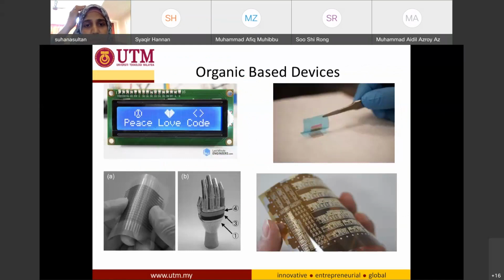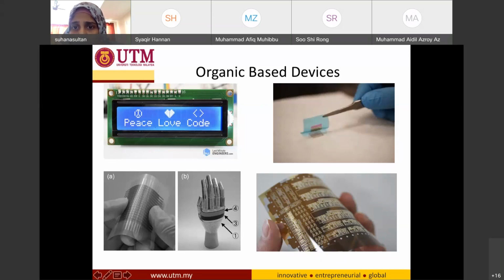Okay, these are some of the materials. Perhaps you have seen some of these. For example, this one is OLED. If you have worked with Arduino or Arduino based projects, you have used these organic light emitting diodes. This is different from the LCD display or LED display. And this is actually cellophane tape, similar to cellophane tape.